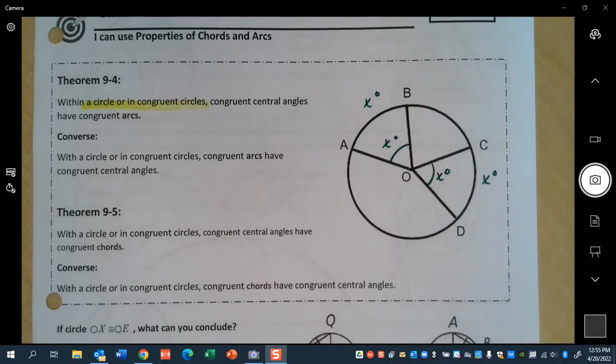If you're told that these two angles are congruent, these two arcs are congruent, that's a no-brainer, regardless of how big our circle is. Within a circle or congruent circles, congruent center angles have congruent arcs, no problem. Backwards, within a circle or congruent circles, congruent arcs have congruent angles. So my arcs and my angles, not a problem.